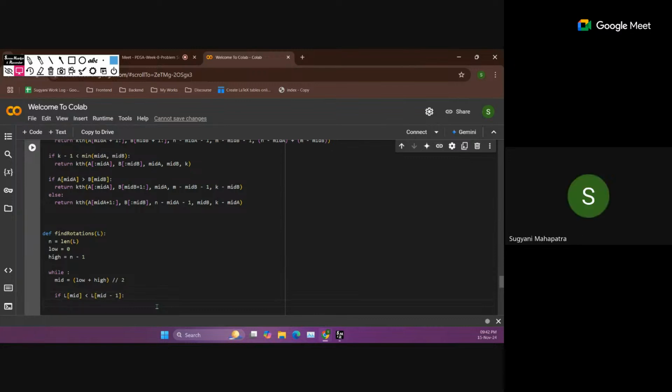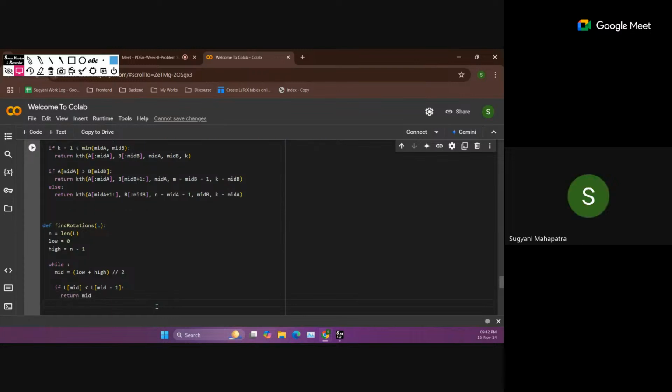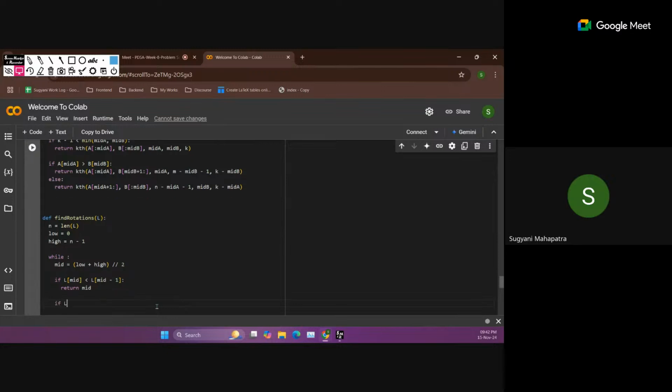Then what will happen? Then mid is the number of rotations, yes, so we return mid. Otherwise, my L of mid is greater than L of mid minus 1, right? Yes.